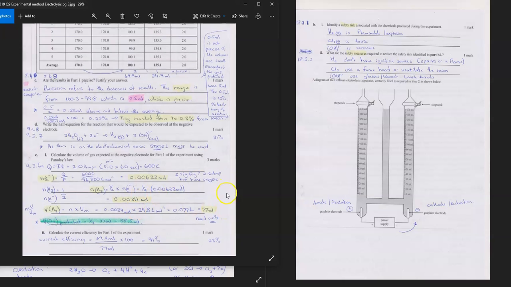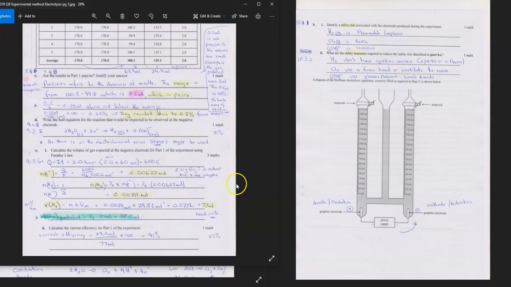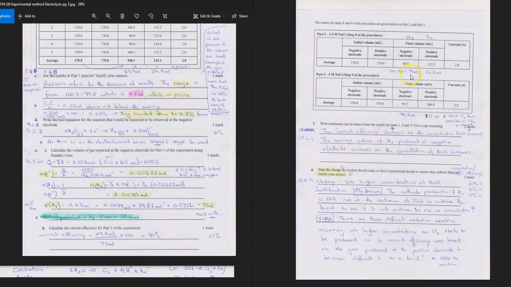So some of the electrons that are being transferred are not being transferred to the water to make hydrogen. You can see you're supposed to get 77 mils of hydrogen. You've got 69.9 in pure water. You've got 72 when you add a bit of salt, and then you've got 74.8 when you add more.